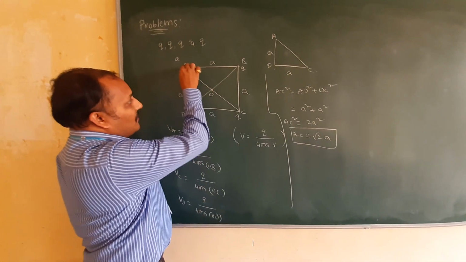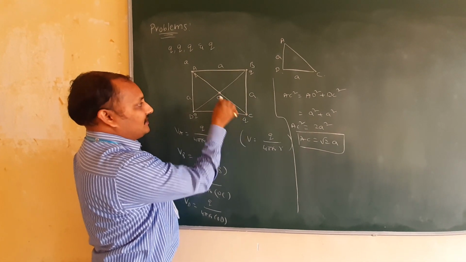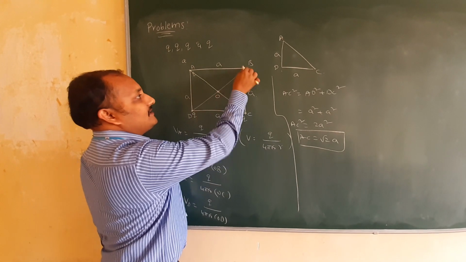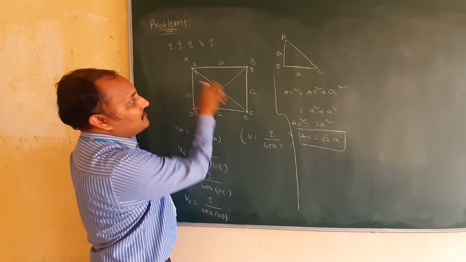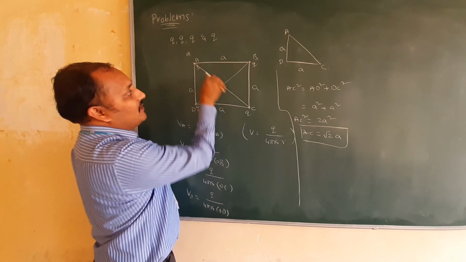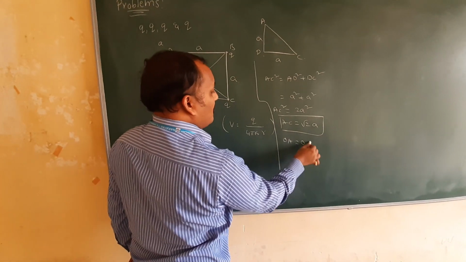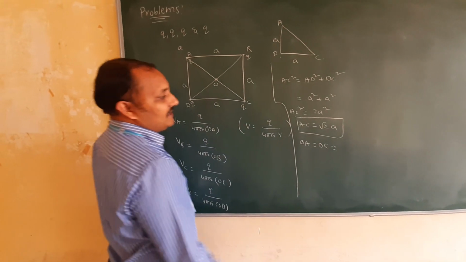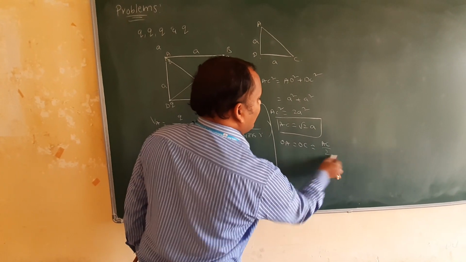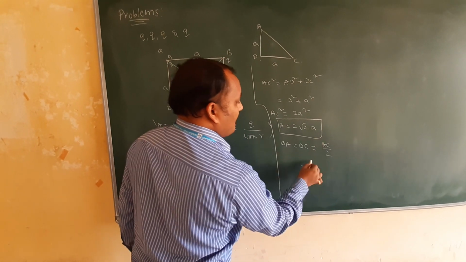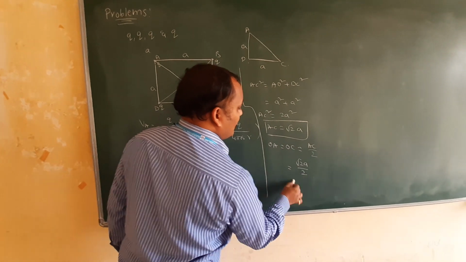But we want OA, OC, and likewise OD and OB. If AC is root 2 A, then OA is half of AC, and OA and OC are both the same. OA and OC equal AC by 2, which is root 2 A by 2.